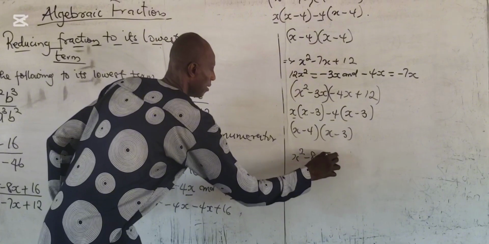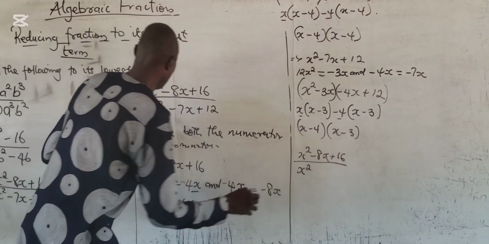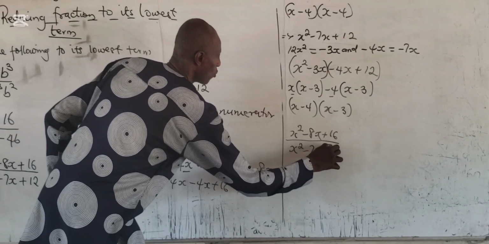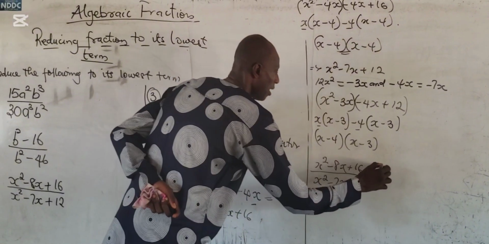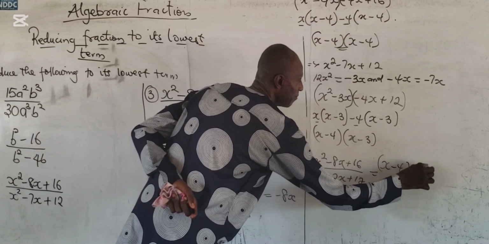So which implies that x squared minus 8x plus 16 all over x squared minus 7x plus 12 is what we've got here. The first one is x minus 4 and x minus 4.